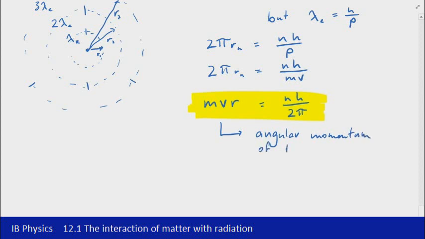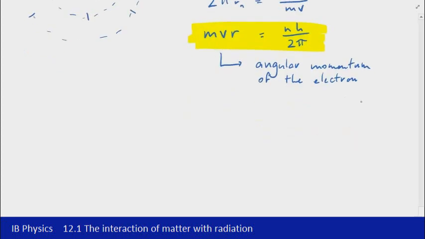As the electron is orbiting, it has a certain angular momentum, calculated by its mass times its speed multiplied by the radius of the orbit. So another way of stating this is that the angular momentum of the electron is a whole number multiple of Planck's constant over 2 pi. Just a slightly different interpretation of that particular equation.